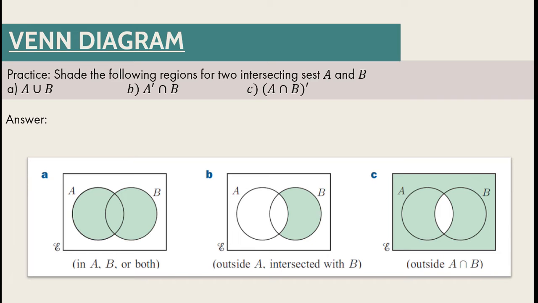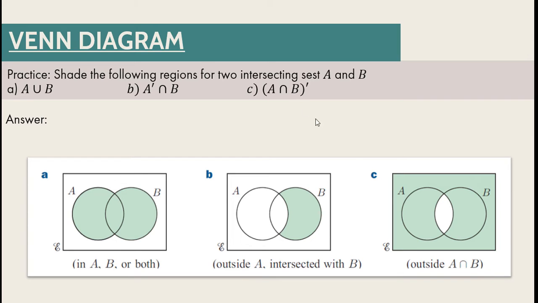Yes, in item A, the union of A and B, you color everything that falls into either A or B. For the question B, A prime intersect B, it means the part that belongs to B but does not belong to A prime, which means not belonging to A. And then the intersection of A prime and B prime.